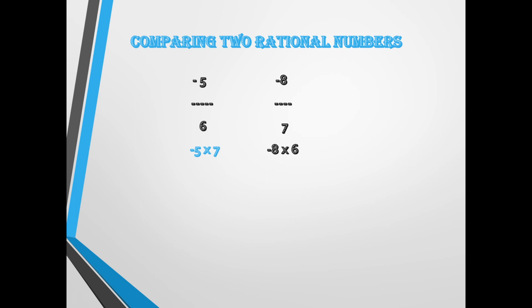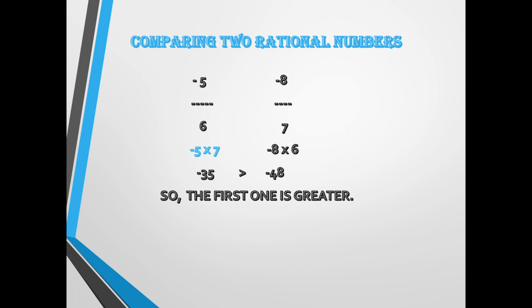First we take the numerator of the first one and the denominator of the second one, negative 5 and 7. Then the denominator of the first one and the numerator of the second one. Now negative 35 is greater than negative 48. So the first one is greater.